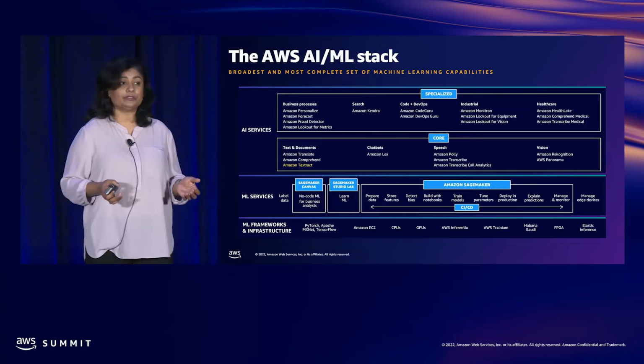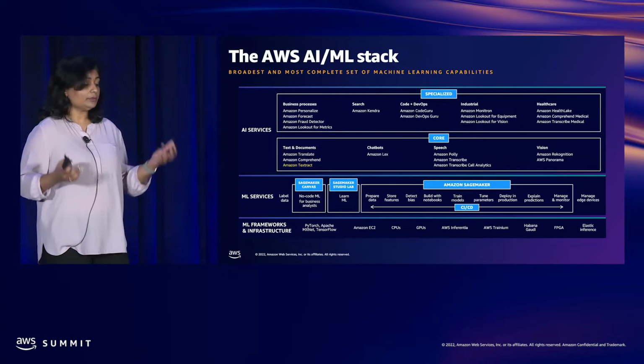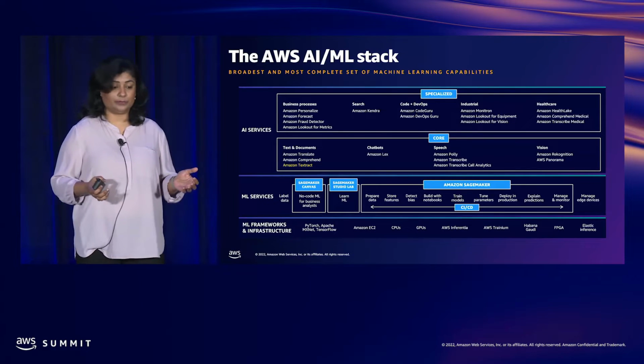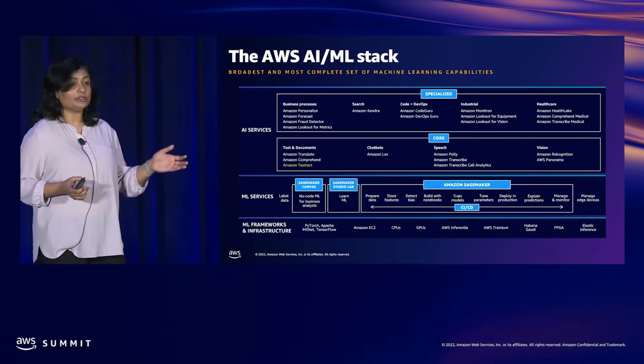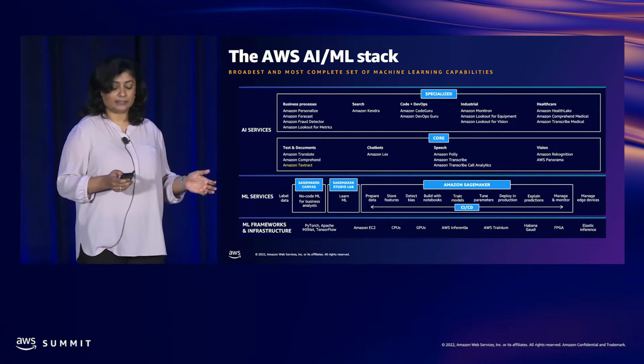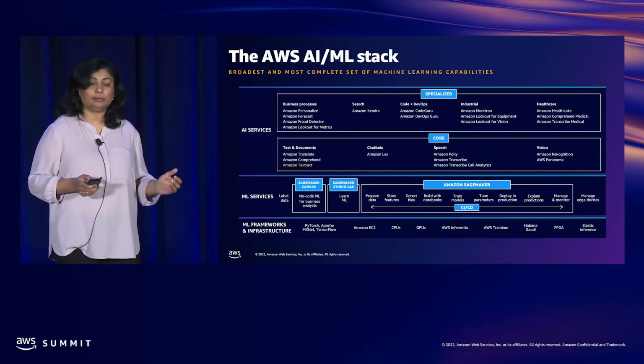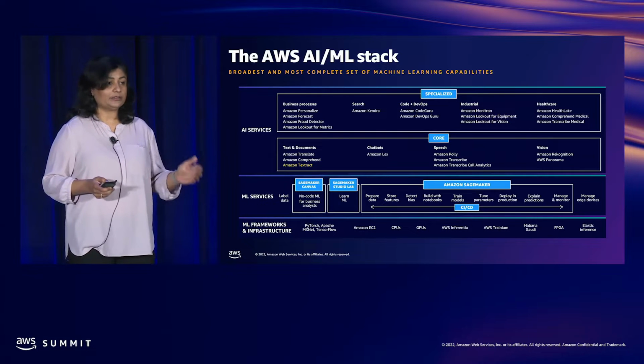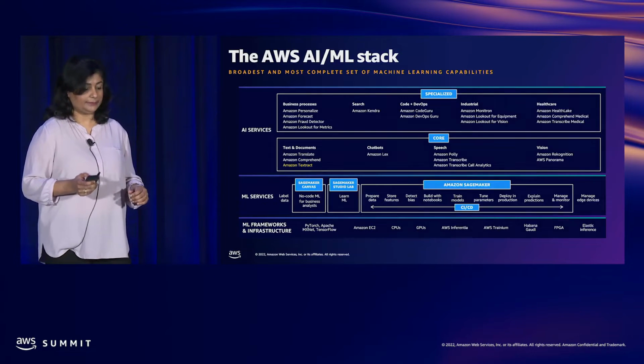And there are many more use cases that our customers tell us. So that's where the AI service comes along. And that's where you will see Amazon Textract is one of those services which enables you to just call the API and be able to extract information from documents.